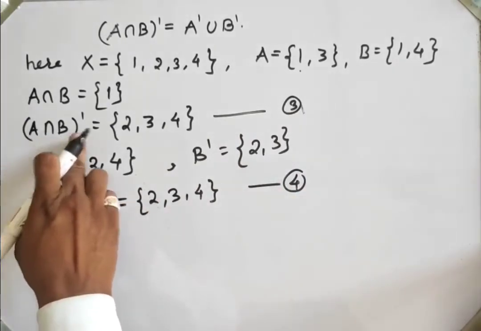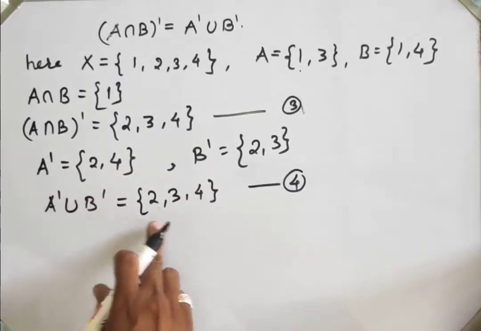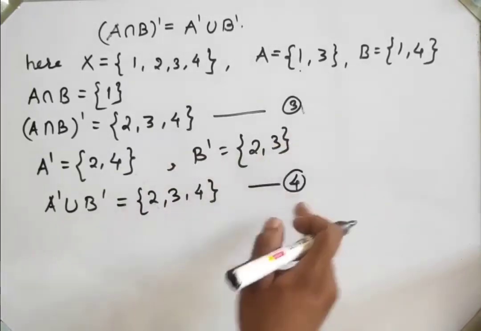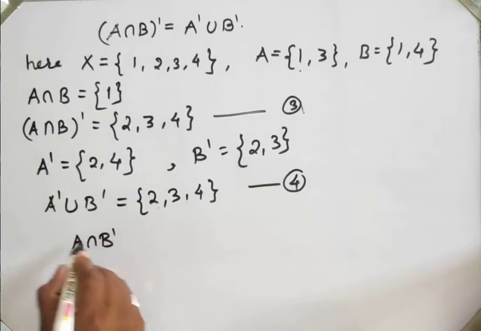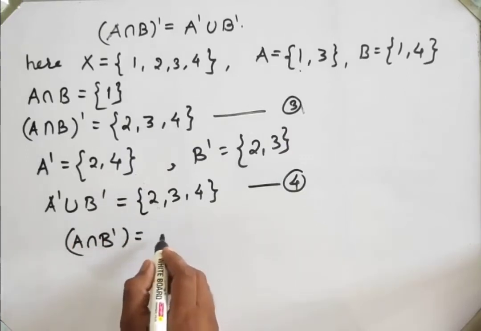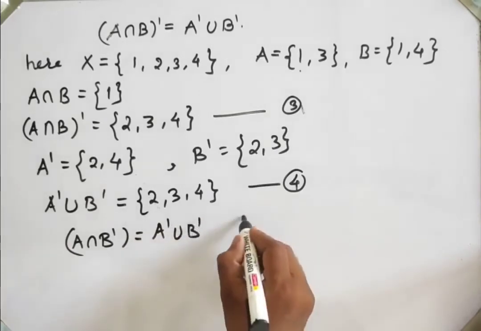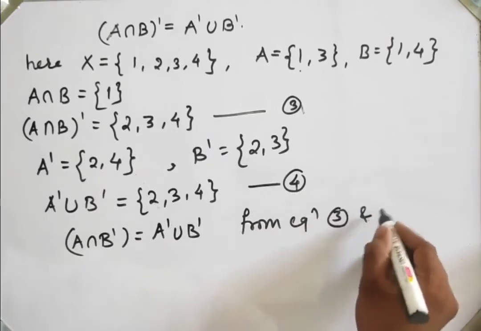A intersection B complement has elements 2, 3, 4 and A complement union B complement has elements 2, 3, 4. So these two sets are the same. So A intersection B complement is equal to A complement union B complement.